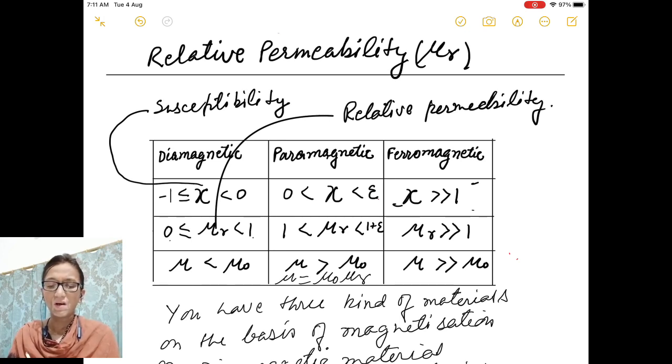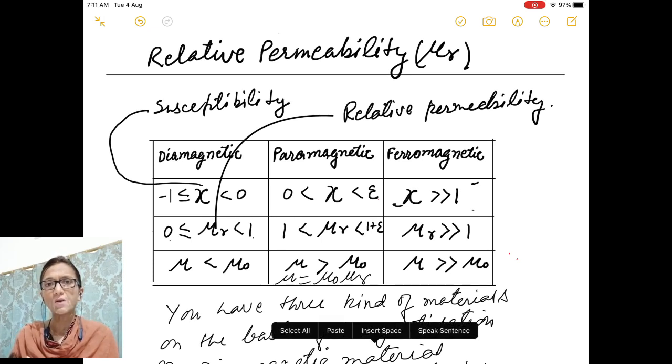Now if susceptibility is in between 0 and a small finite positive number, then that material is called paramagnetic material. And if susceptibility is very large, then that material is called ferromagnetic material.